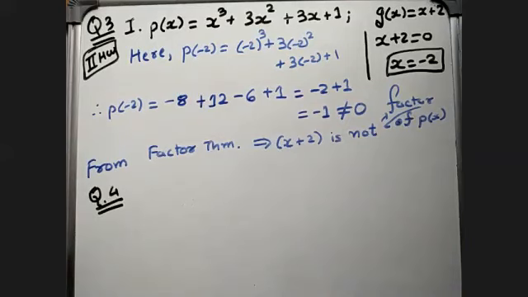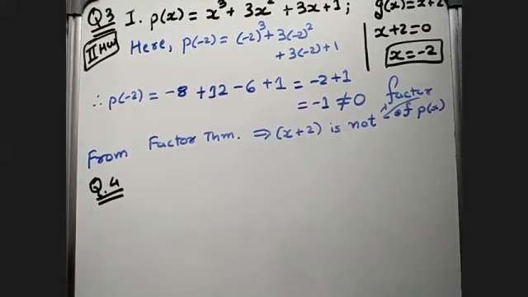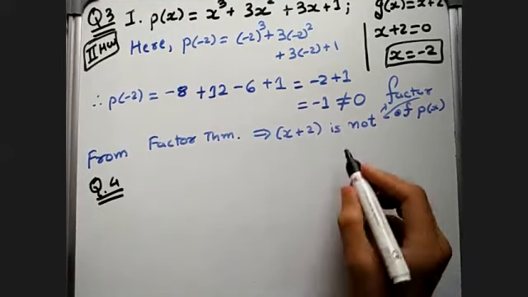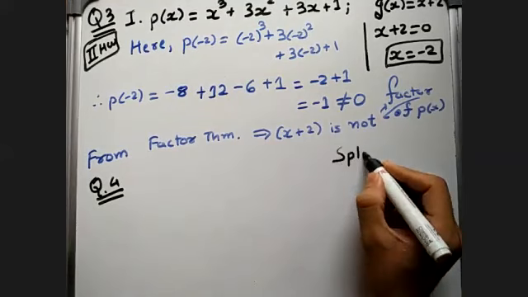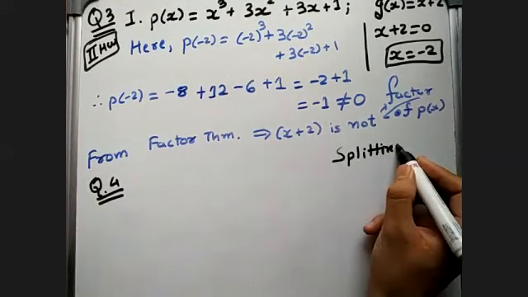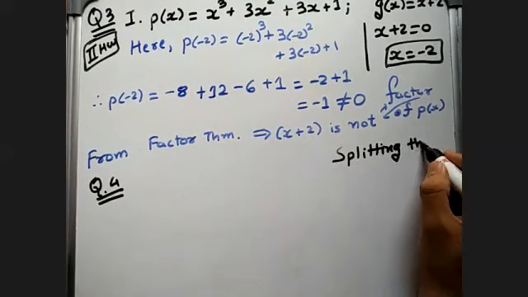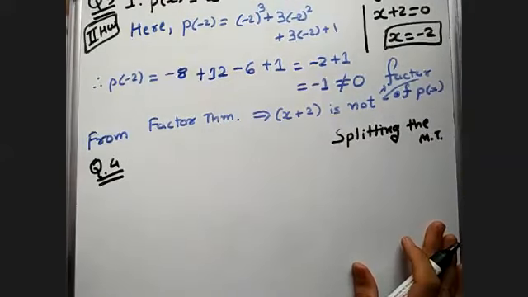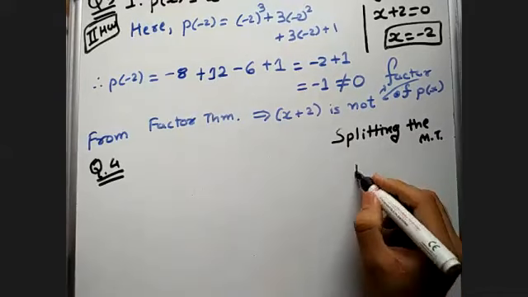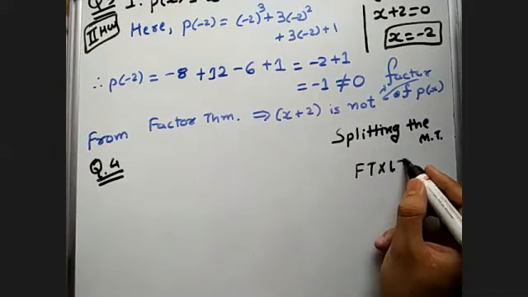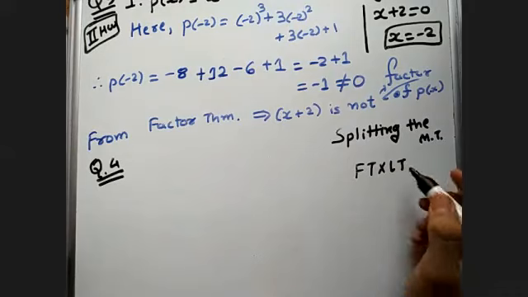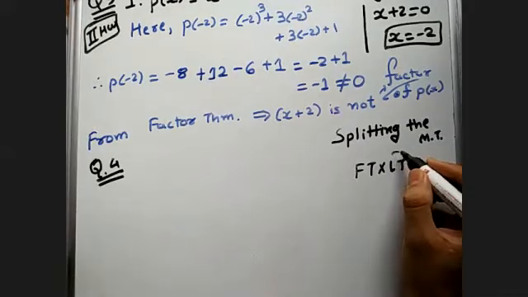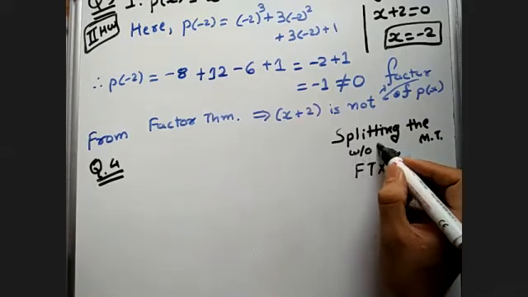Just follow this chart whenever you have to use splitting the middle term. So under the section splitting the middle term, you have to write this as: multiply first term into last term without sign. The last term that you have to multiply, that is without sign.